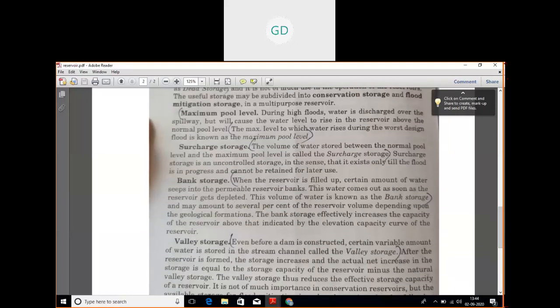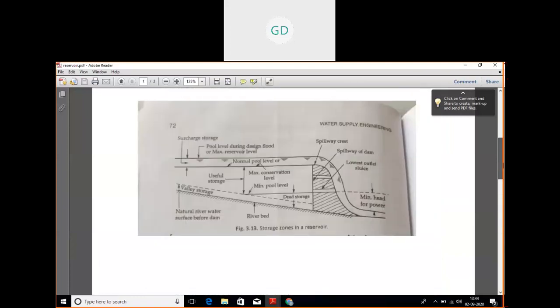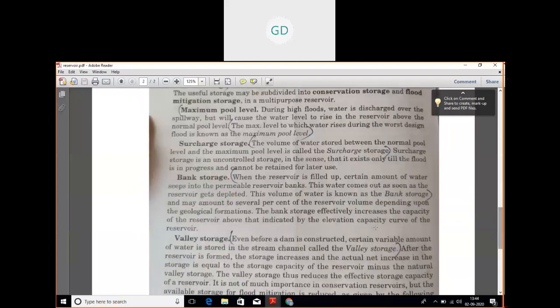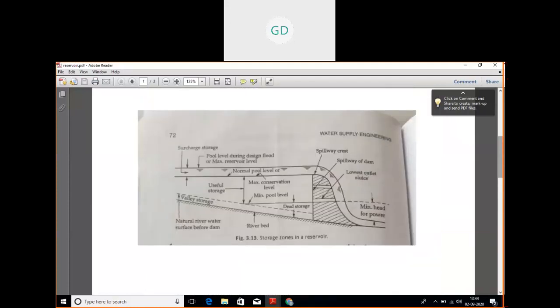Next is your bank storage. It is not shown in your diagram, but what happens is that when the reservoir is completely filled, some water seeps through your river bed.